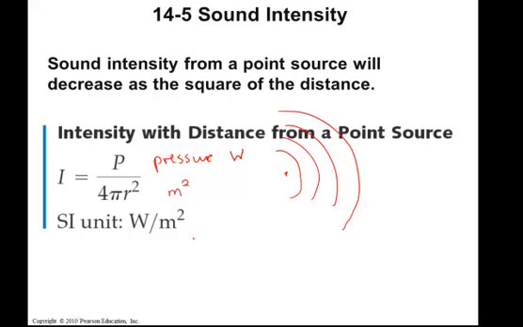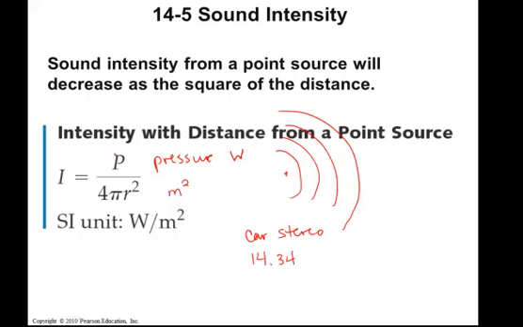And that intensity equation you're going to be using in your assignment. There's a problem called, I think, car stereo. That's going to be using that relationship. And also 14.34, that exercise, uses this equation, power and radius. Intensity, again, watts per meter squared. It's possible they might ask you to find the pressure, or they might be asking you to find the radius.